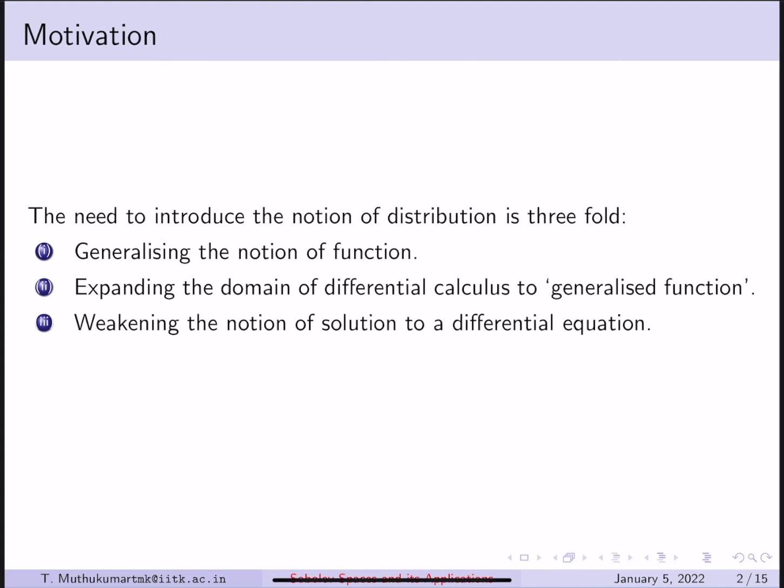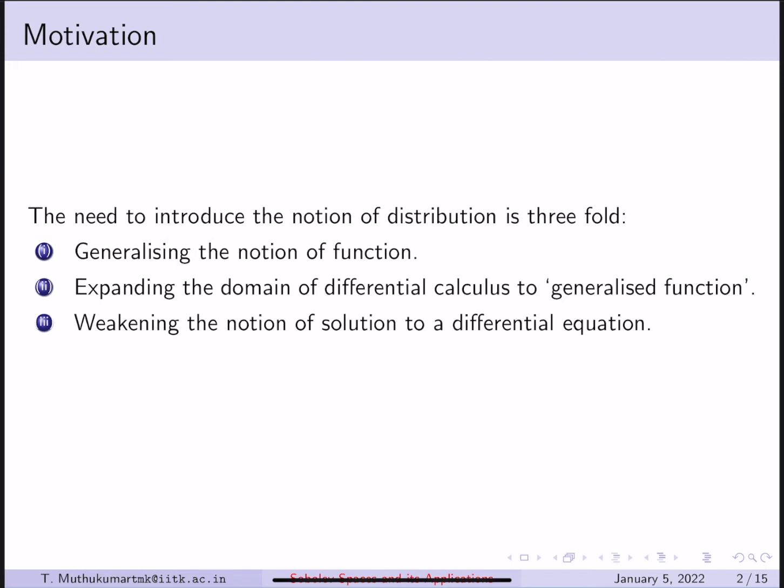In other words, it has to be as many times differentiable and so on, and then satisfy the equation. We have seen situations in differential equations where restricting ourselves to that notion of solution is actually too restrictive. One needs to generalize the notion of solution. So all that is the reason behind developing this entire theory.